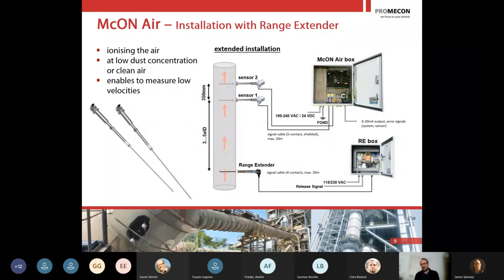If you're running the Mechon Air system just on the dust, you will need something like 5 to 6 meters per second to get reliable readings just from the airflow. It's also related to the charging of the dust when it's transported with low velocities. Then of course the electrostatic charging of the dust is not so high. It's not so distinctive.